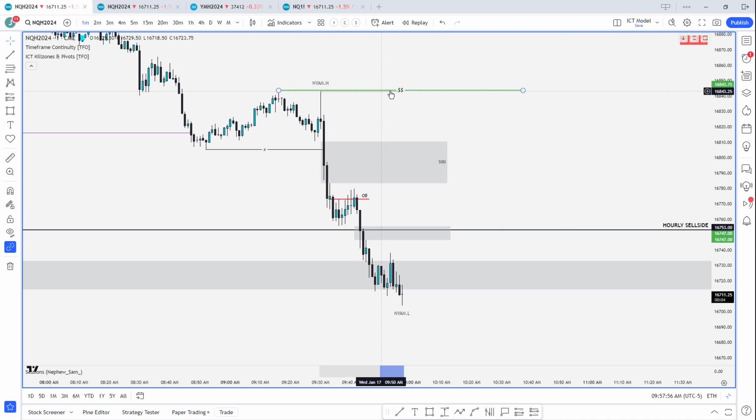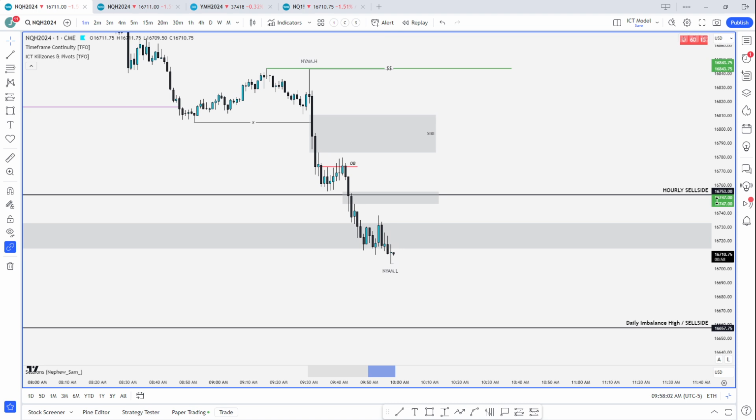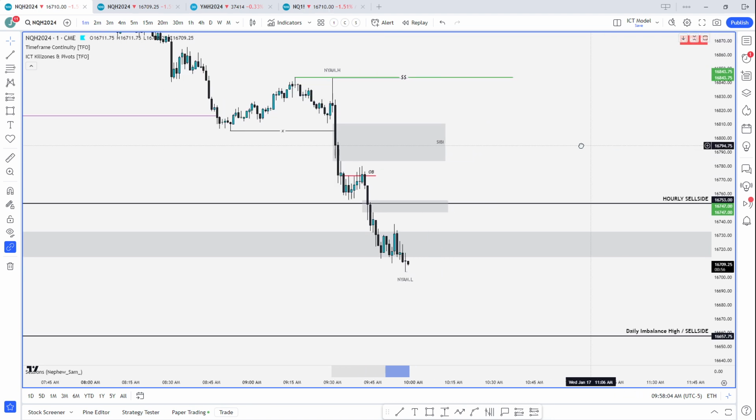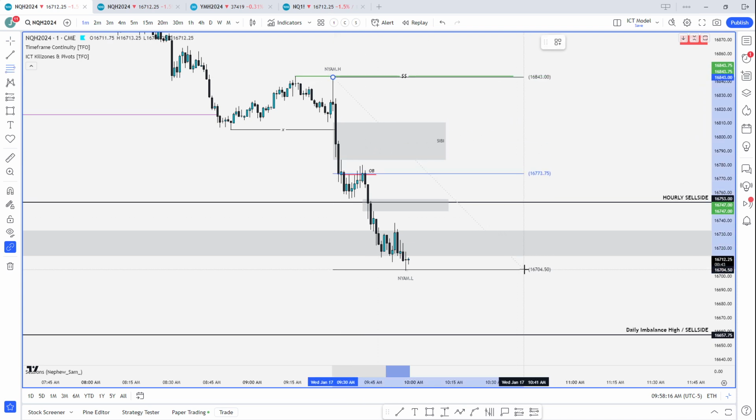I just don't think we'll reach that, to be honest. Maybe in the PM session or later in the AM session. We just have to watch it. If we saw a turtle soup here at 10 and traded back up, maybe tapping into this buy side, into premium of this range, most likely we would see a continuation down. Most likely.